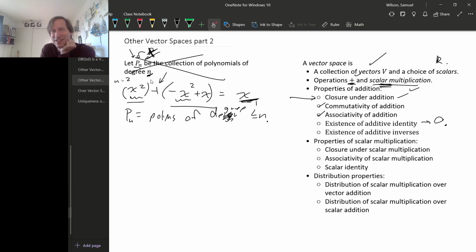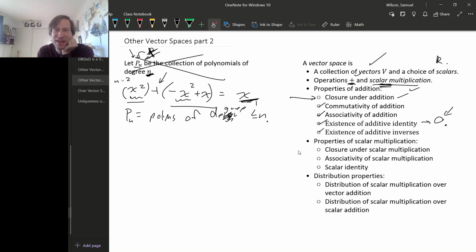It's because the polynomial that you need for an additive identity is the zero polynomial, but the degree of the zero polynomial is 0, so we wouldn't have an additive identity if we stuck with only degree n. So we need polynomials of degree less than or equal to n so that we have a 0 in our vector space.